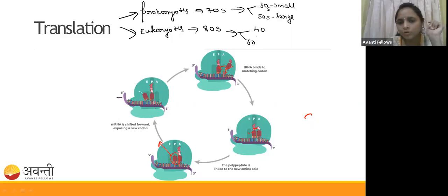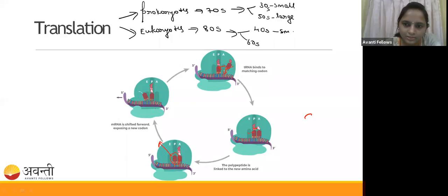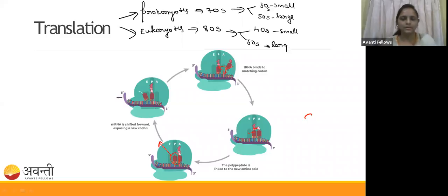Guys, don't add these two subunits; it is not according to that. It is due to the sedimentation coefficient that they are given 30S and 50S, and 40S and 60S. The 40S is the small subunit and the 60S is the large subunit in the eukaryotes.